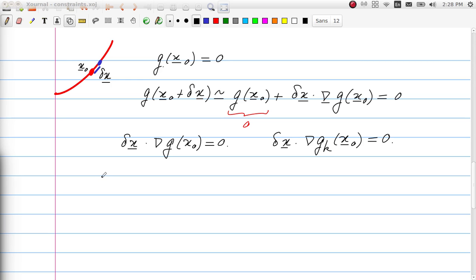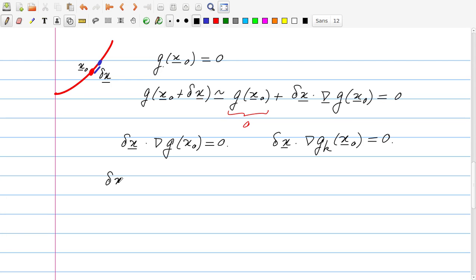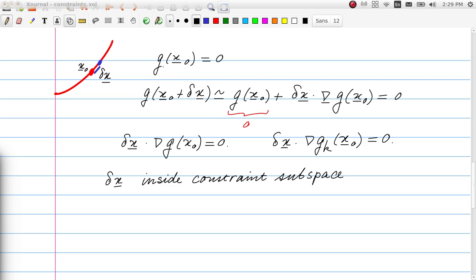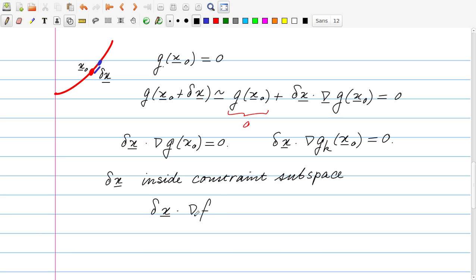That means that if delta x is inside the constraint subspace, in other words, delta x satisfies all of these conditions, then f should vanish to first order in this delta x. Using the same Taylor expansion, this can be formulated as delta x dot gradient f, taken at the point x0, should vanish.